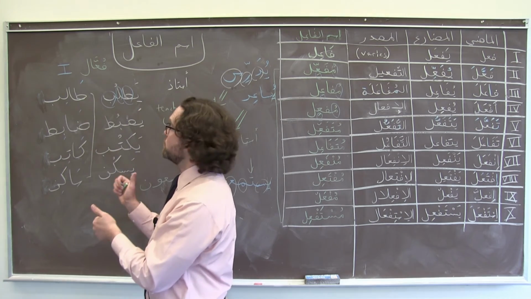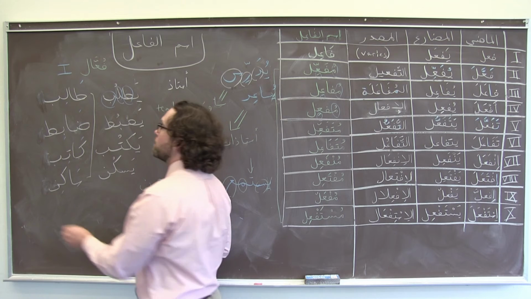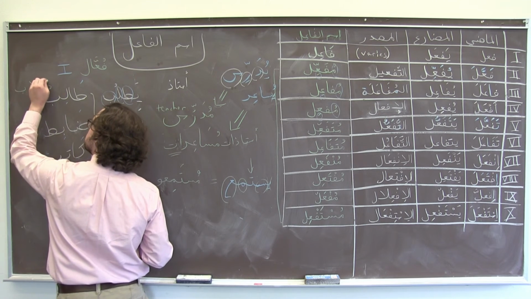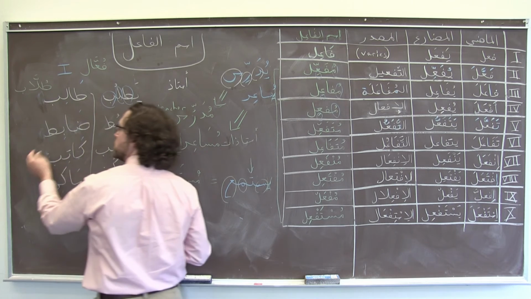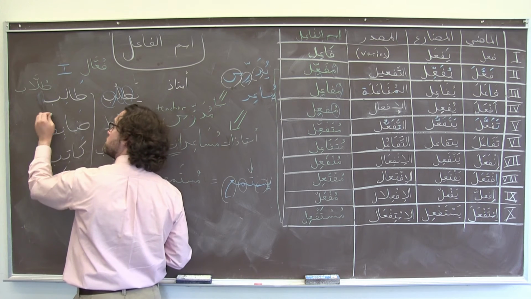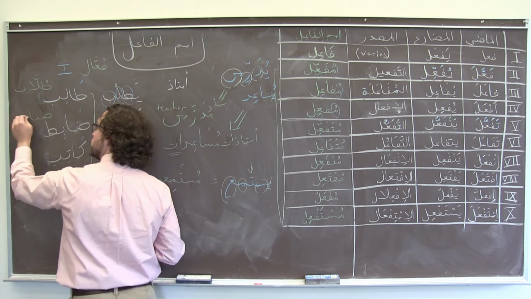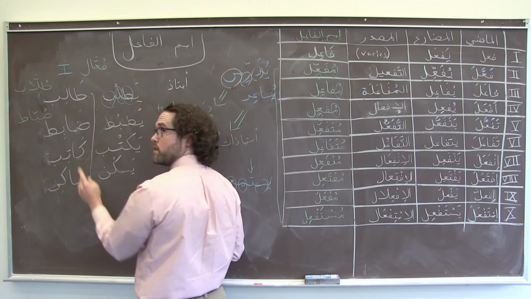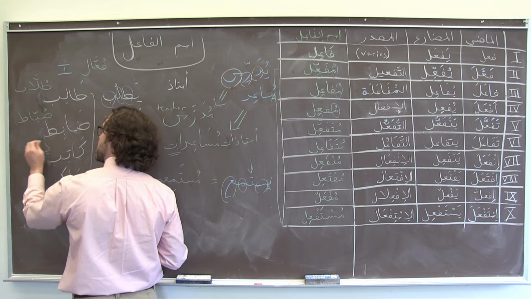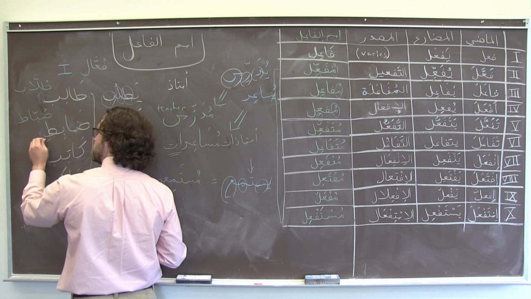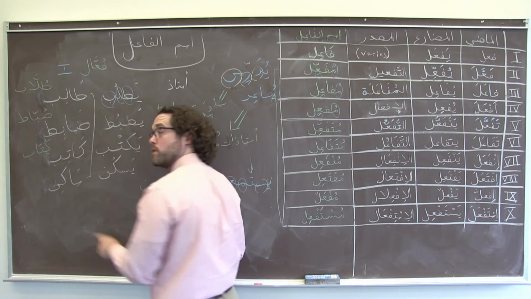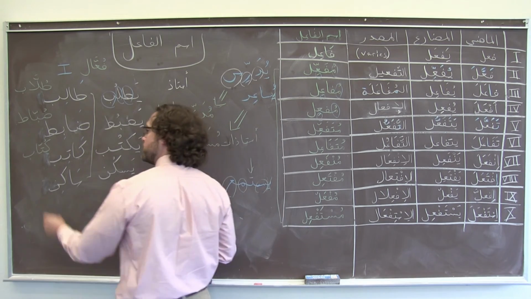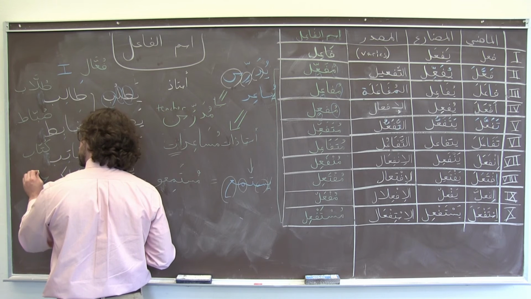So, assuming that I'm talking about a masculine or mixed group for the moment, if I were talking about a group, not just one talib, but many, I would say طلاب. More than one officer, ضباط. More than one writer, كتاب. More than one resident, if we're talking about the residents, the population of a city, I could say سكان.